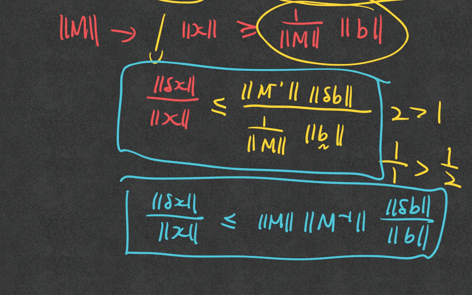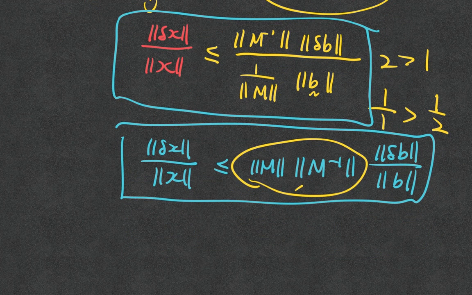So let's take a look at this. Now this term has a very important name. This is called the stability constant.